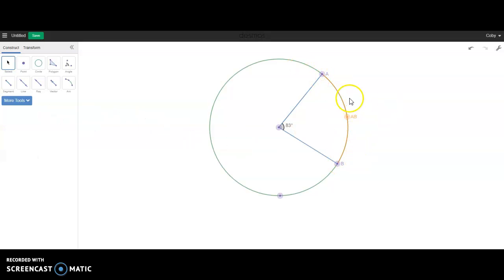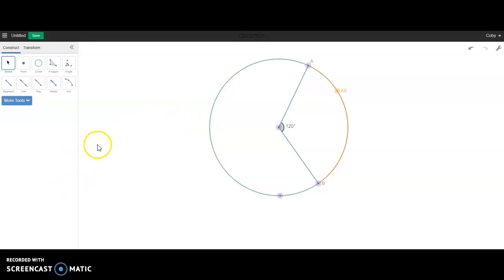So arc AB in orange is an 83-degree arc. We measure the arc by its central angle. If I move point A, it becomes arc AB that measures 124 degrees now. So this is a central angle. Central angles have to have radii as their edges, and the vertex has to be the center of the circle.